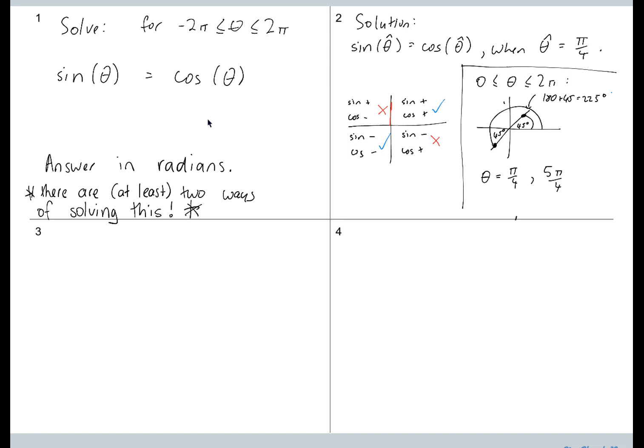Okay, what about the other one? So between negative 2 pi and 0, same quadrants. We're still considering all 4 quadrants. We just need to go backwards. So this quadrant's out, and this quadrant's out.